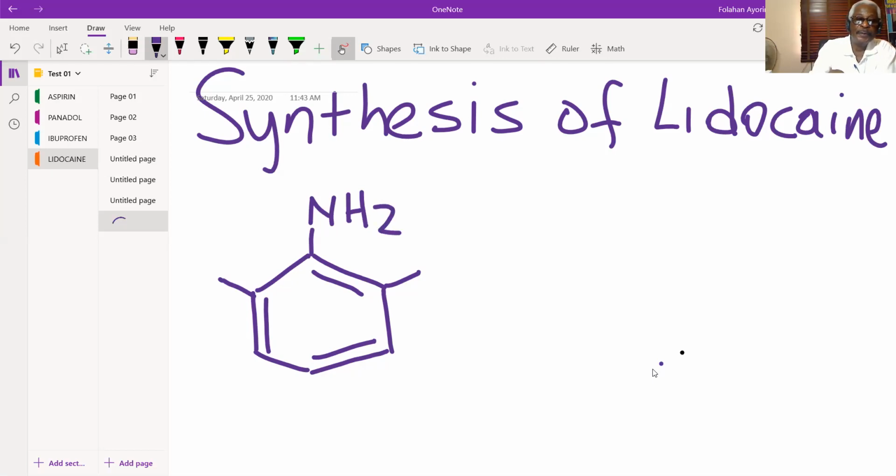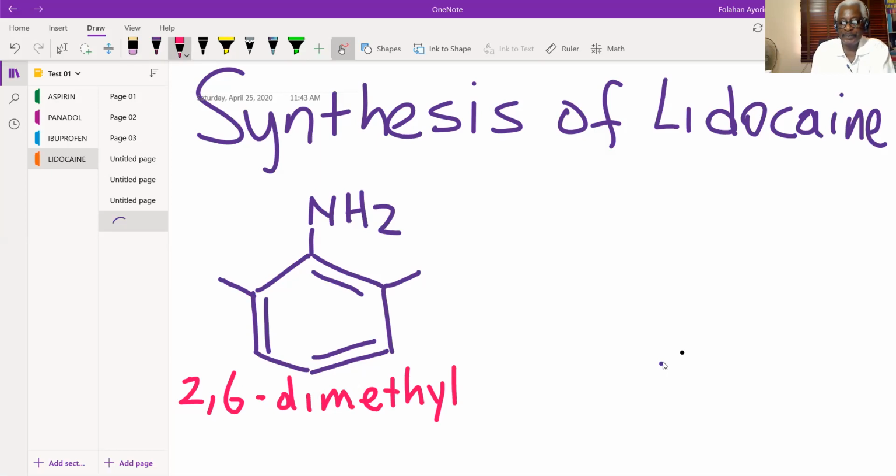This molecule we call 2,6-dimethyl aniline.